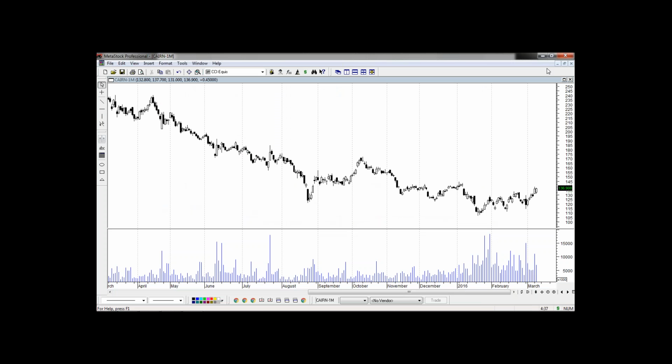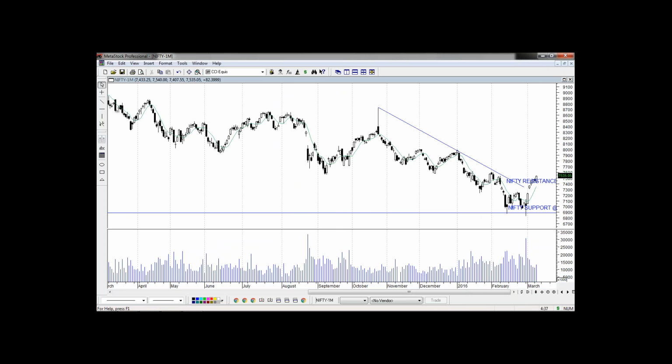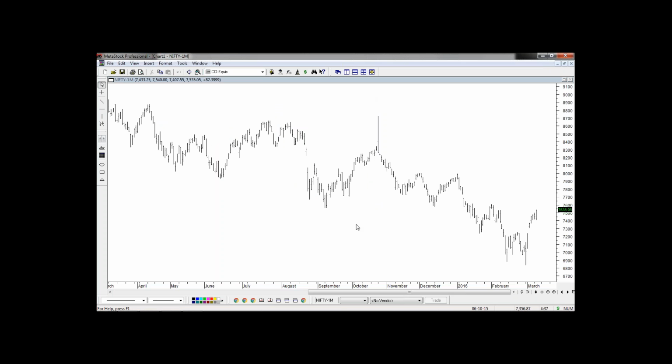In the meantime, let me also show you some technical analysis on how practically you can do some technical analysis. So let me put up a chart of Nifty out here. So this is a plain chart of Nifty. Let me show you how I will be using my technical analysis out here.